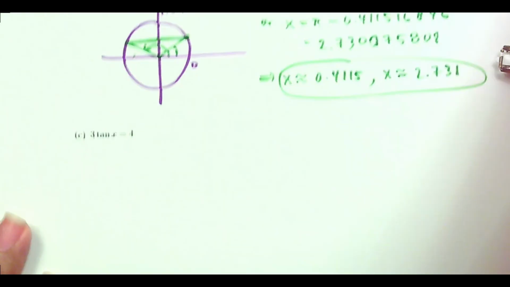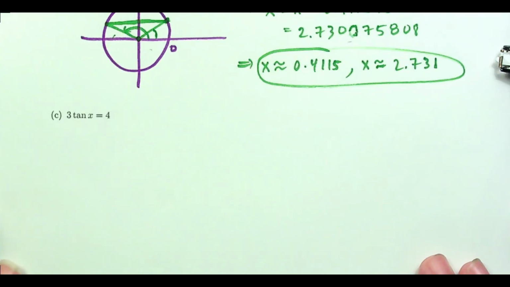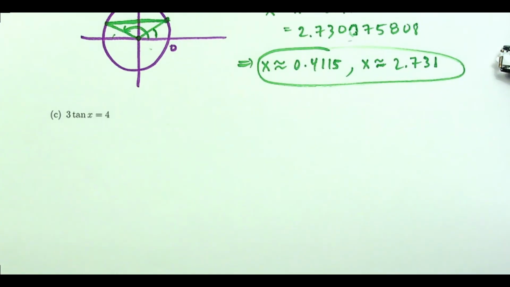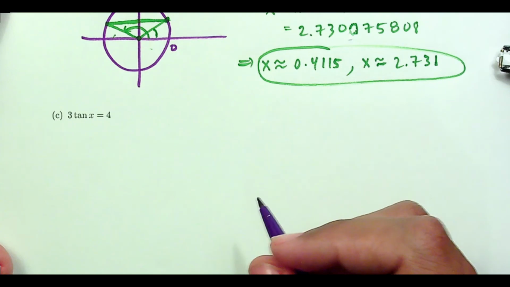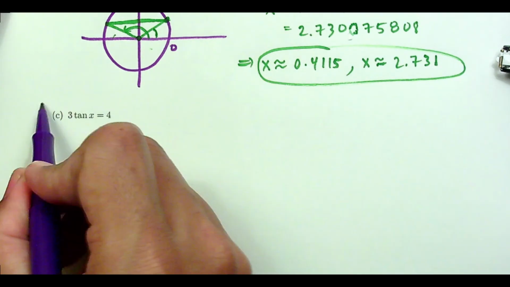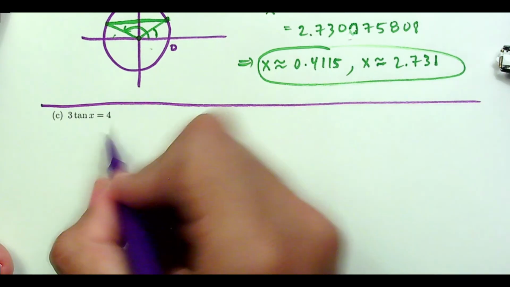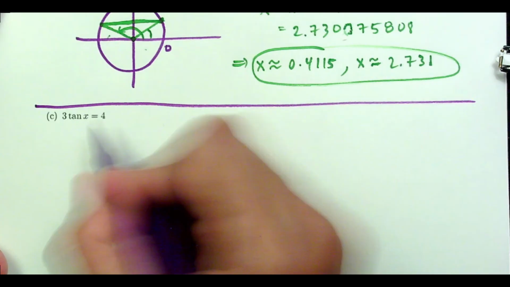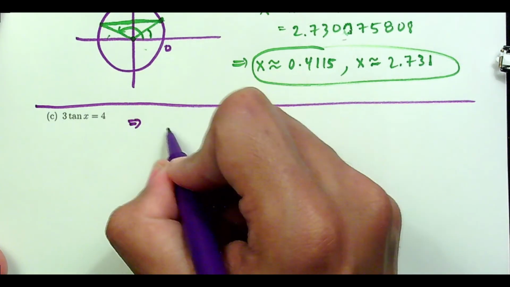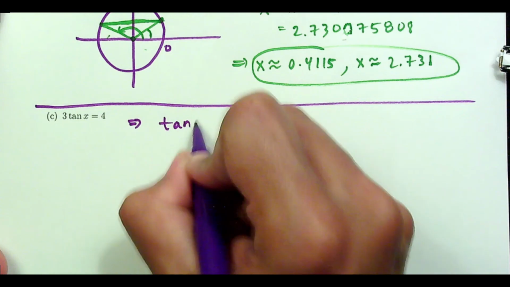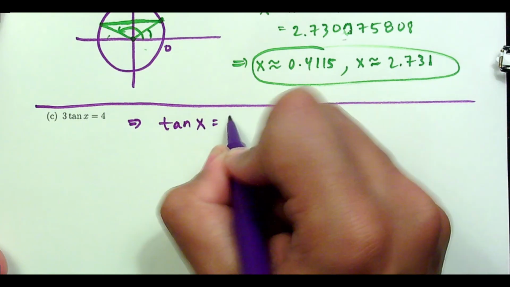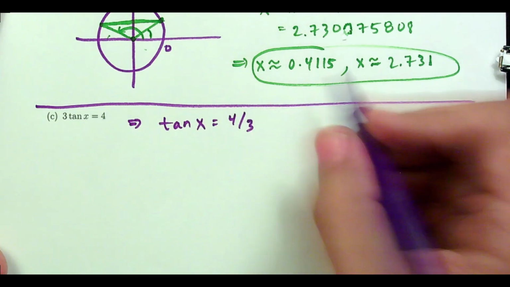Now, one last example is with tangent. Tangent is a little bit different, but just as easy, if not easier, actually. So let's do this one. First, solve for tangent, divide by 3 in this particular case. So that would be tangent of x equals 4/3.